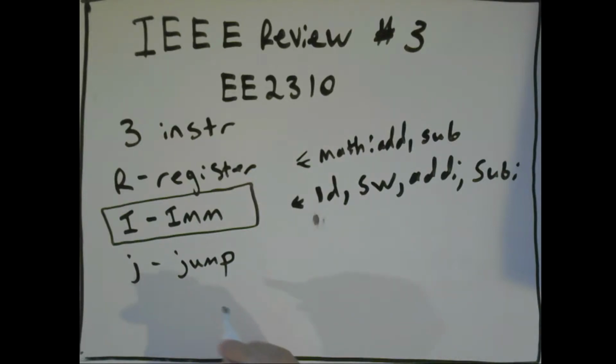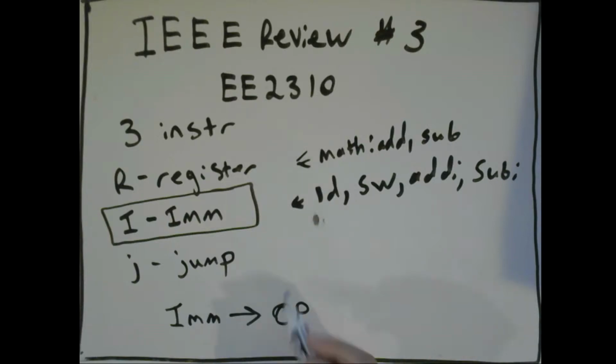So if we have an immediate instruction, we're going to have some opcode right here, or some operation that's going to be add I, sub I, something like that. And then you're going to have what follows behind that, right? So it's generally in the format of RT. So this is the RT register. Usually you have an immediate value and then an RS register.